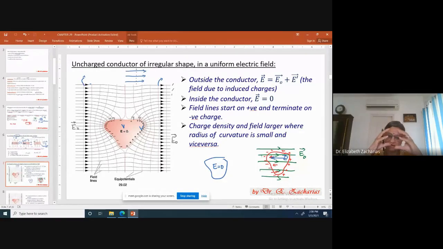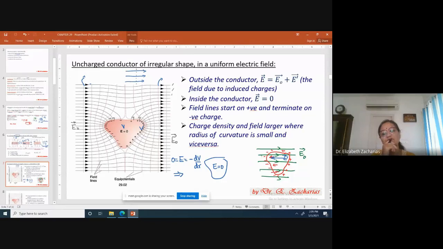The entire conductor at electrostatic equilibrium is at the same potential. Can you prove what I just said? At least now can you say?